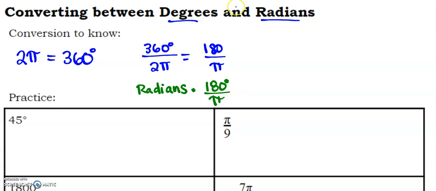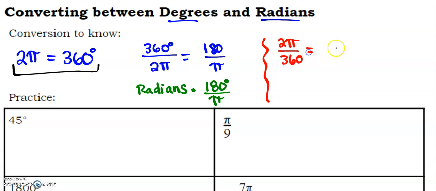So, if we take that same ratio that we know to be true, and we write it the other way, as 2 pi over 360, that reduces down to pi over 180. If you notice, it's the same basic fraction, just in one the 180 is on the top, and in the other the 180 is on the bottom.